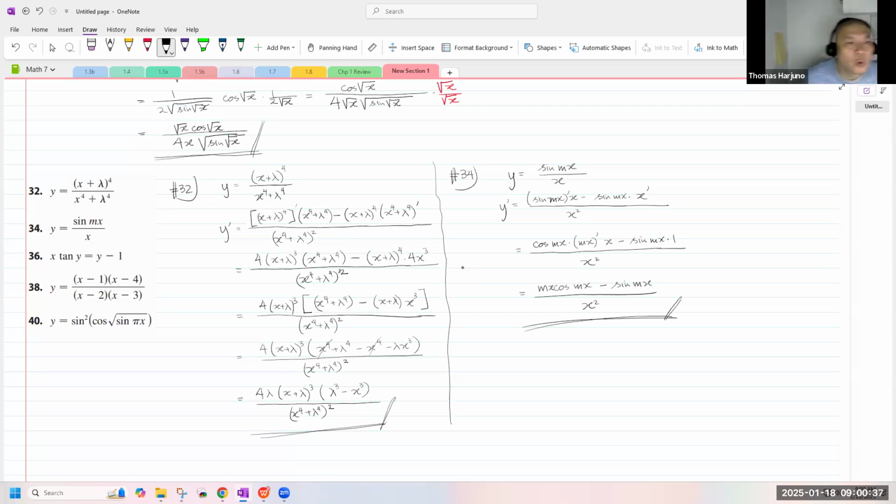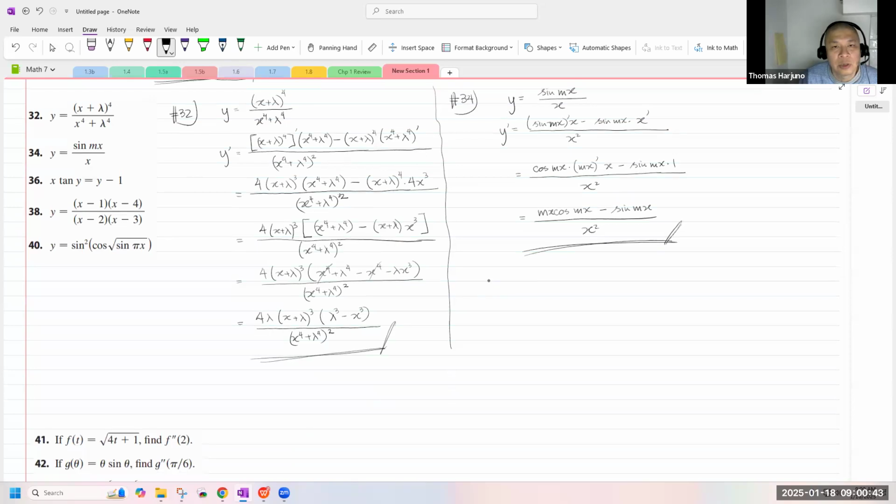That's number 34. Number 36. Let me do it here, since I have a little space. x tangent y equals y minus 1. Find the y prime. So we do implicit differentiation with respect to x.